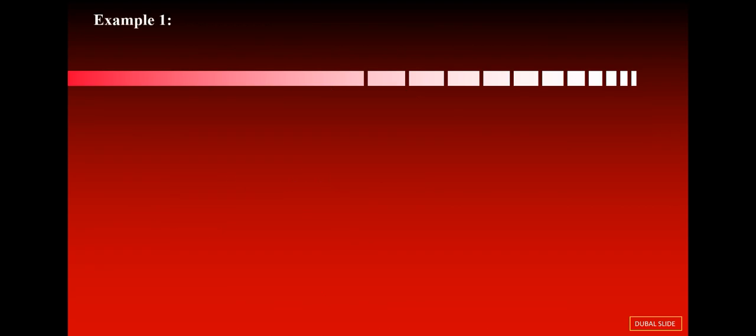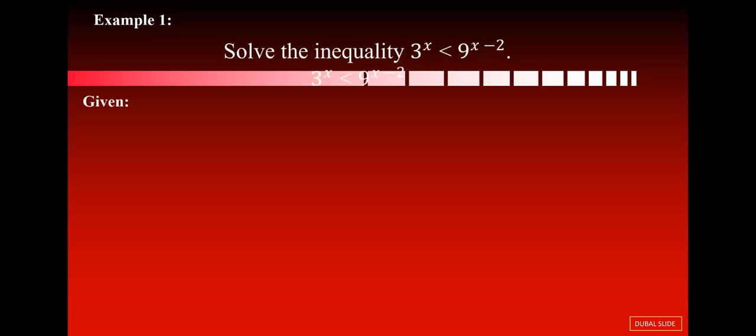Our first example is solving the inequality 3 to the power of x less than 9 to the power of x minus 2. So our given is 3 to the power of x less than 9 to the power of x minus 2.